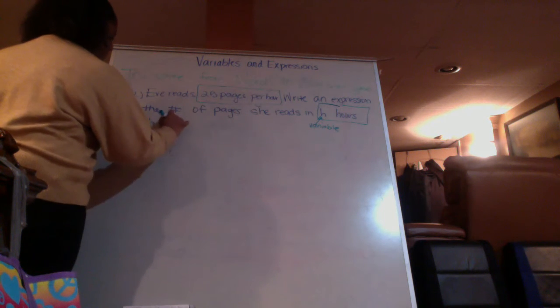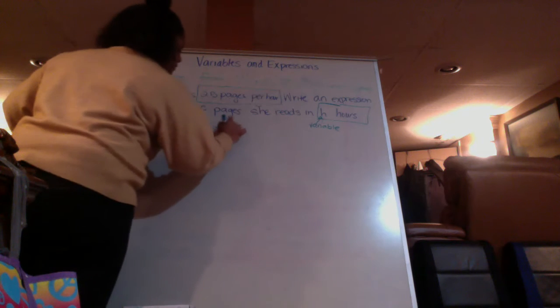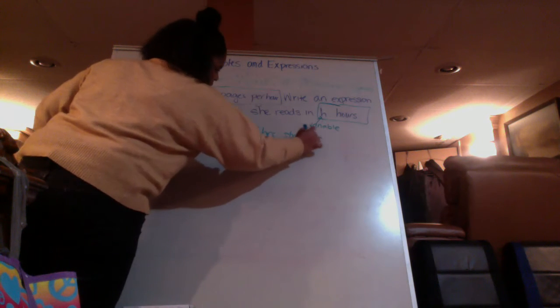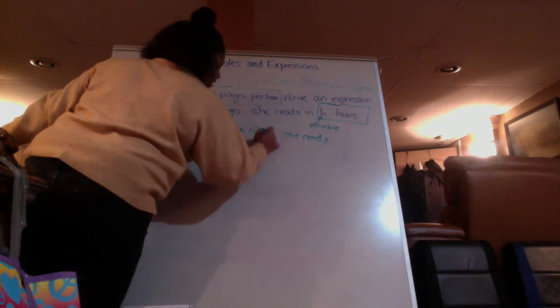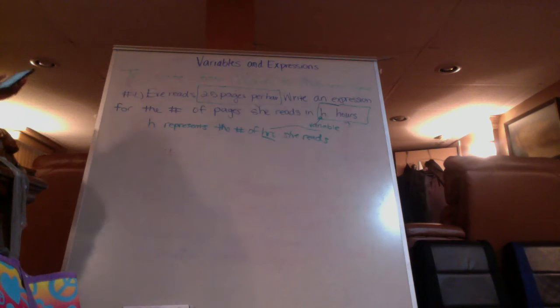H represents the number of hours she reads. I abbreviate all the time. I'm so sorry. That is hours. Okay. So H represents the number of hours she reads. So think H groups of 25 pages. That's how we're thinking. So if we had to write an expression, what do you think that we would write it as?